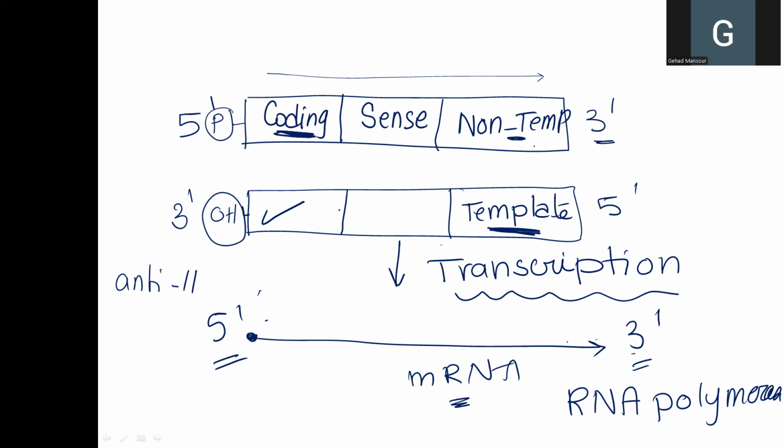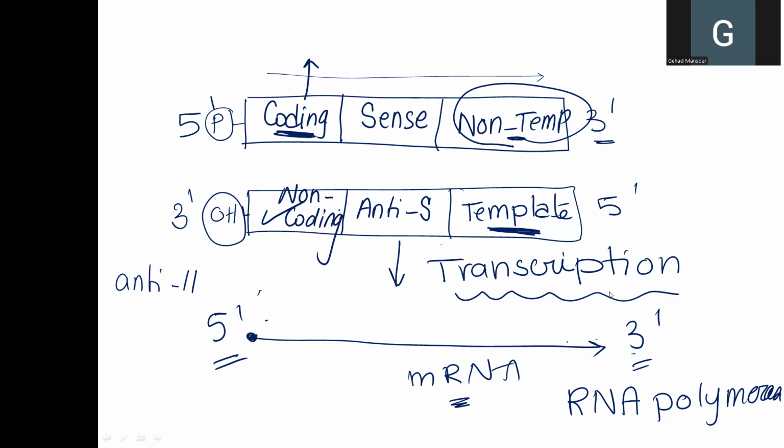This is because this non-template strand carries the original genetic code as it is, and I'll give you the proof right away. Sense strand, so this one is called the anti-sense strand, and if this one is the coding strand, then that one is the non-coding strand.